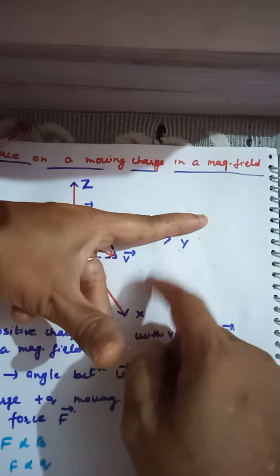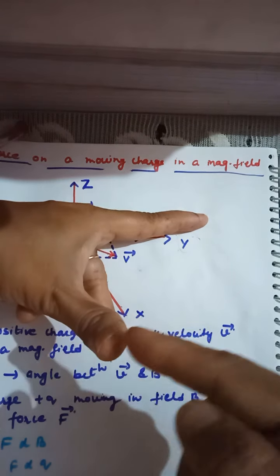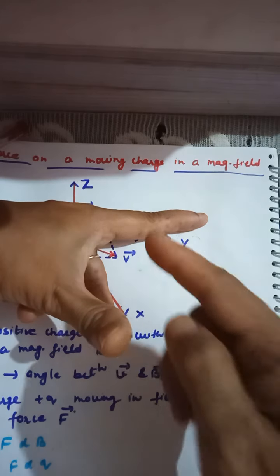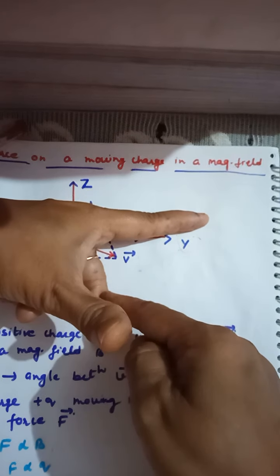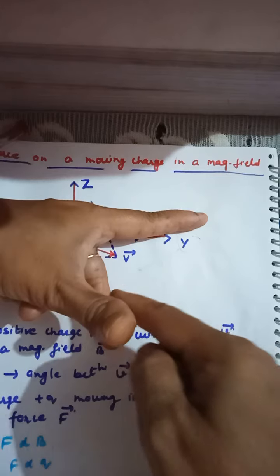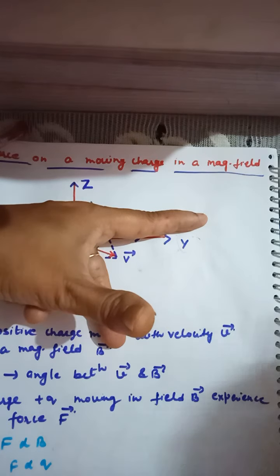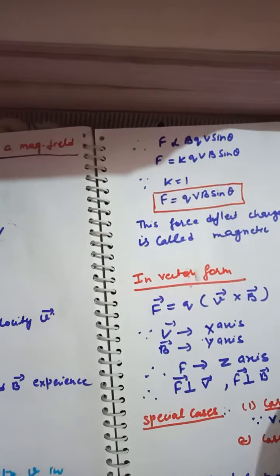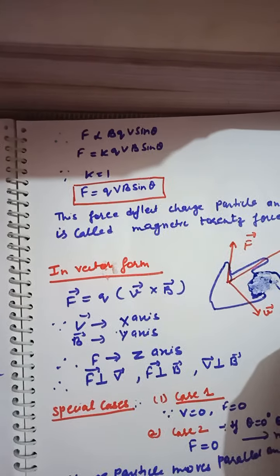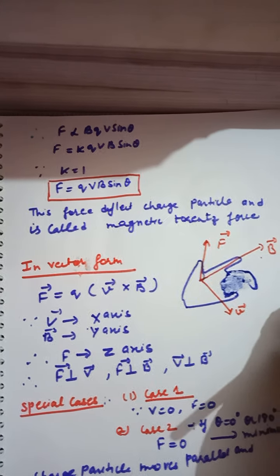So this is the direction of the force along the z axis, and all three are perpendicular to each other. This is Fleming's left hand rule you apply for the direction of the force on the moving charged particle.